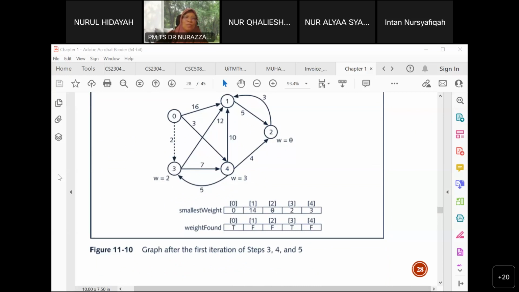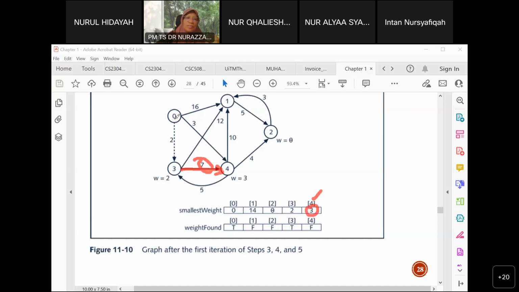So from 3 to 4 ada satu connection ni kan. From 3 to 4 ni ada satu connection yang weightage dia 7. So dia akan check. Okay, tadi kita ada from 0 to 4 yang ini kan. From 0 to 4 weightage dia 3 kan.